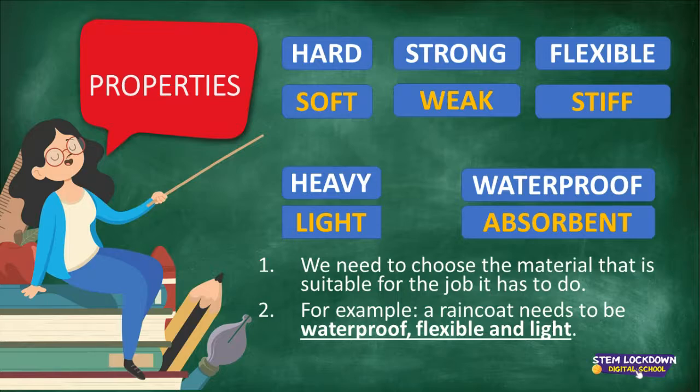It must be light, because when rain falls and it is already heavy, then you will be unable to walk. That is why we say you need to be careful when you choose a material. You look at its properties to see if it fits what you want to use it for.